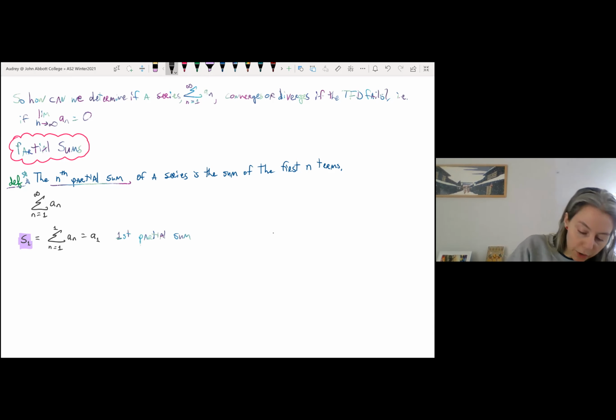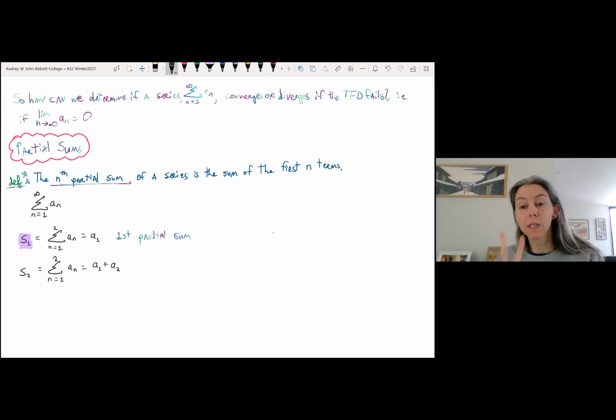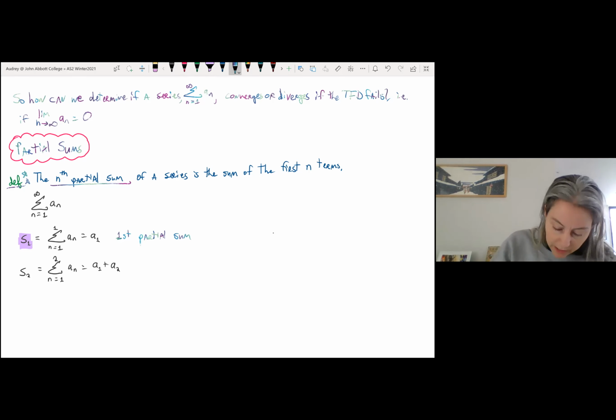The second partial sum, which would be s sub 2, is the sum n equals 1 to 2 of a sub n, which is a sub 1 plus a sub 2. So it's the sum of the first two terms. So you can see what I mean by saying that every series has an infinite number of partial sums, because I could then go to 3, 4, 5. So with every series, we have these partial sums.